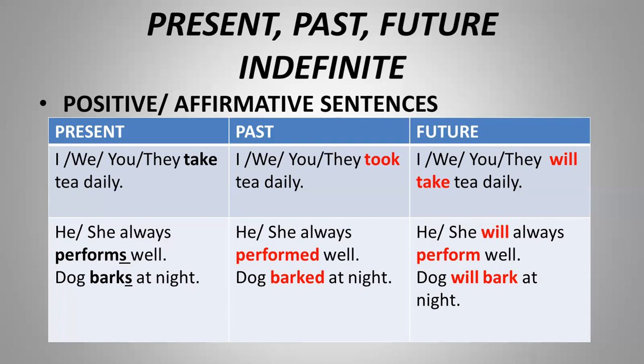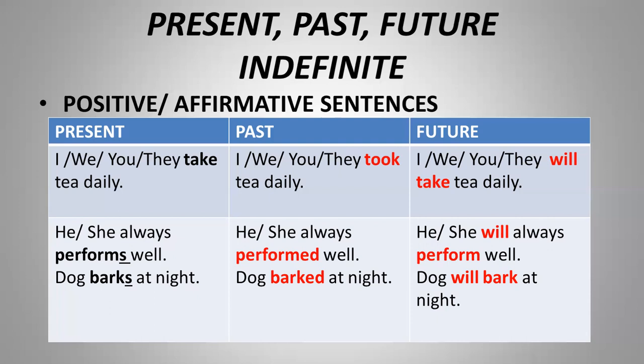Similarly, with third person singular, again, the same helping verb will be used, and then we will have the first form of verb. He will always perform well. Dog will bark at night. So this is how we do present, past, and future indefinite. These are the changes which occur when we move from present to past and then to future.